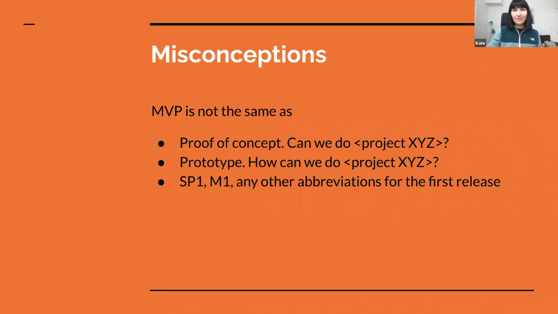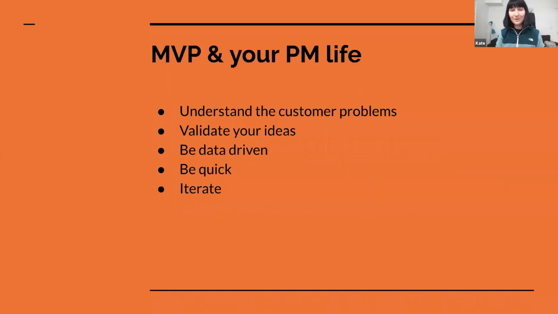So I think that's enough theory and examples. Let's talk about MVP in your product manager life, or not product manager, anyone who is involved in building products and services. You can still apply the MVP approach in your life if you're not working in a startup, or if you're working on something that's not even related to product development, like software development.